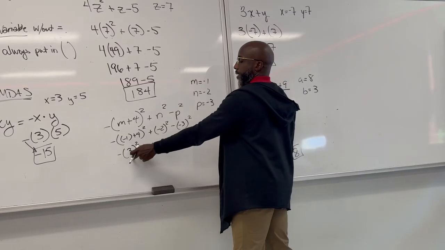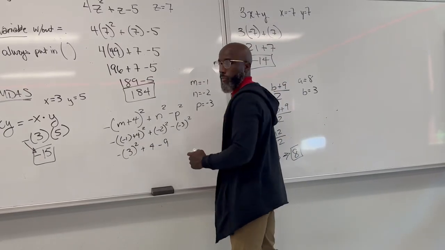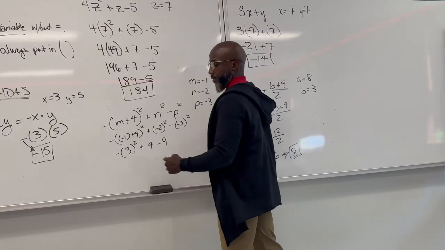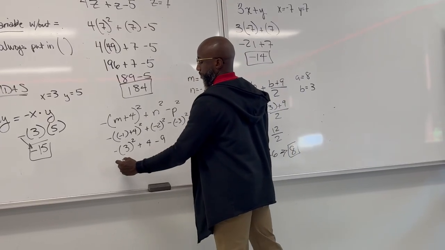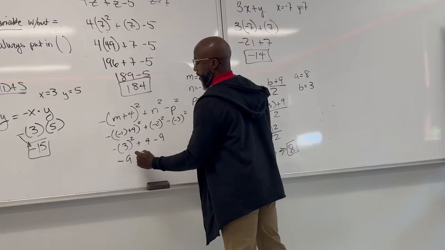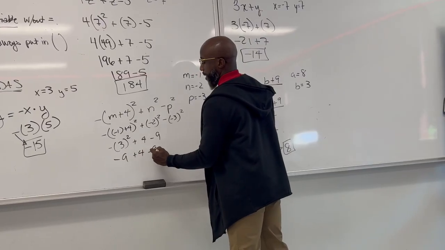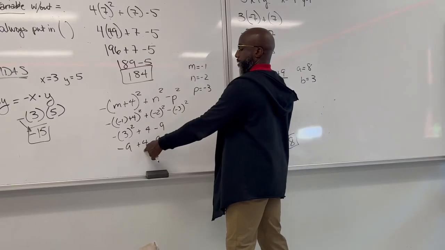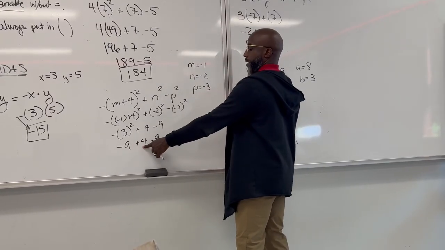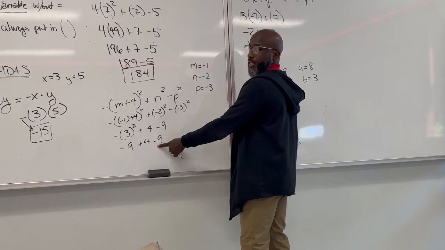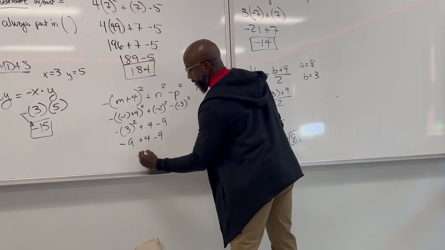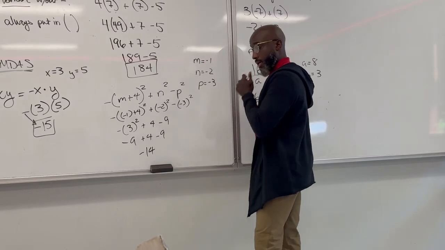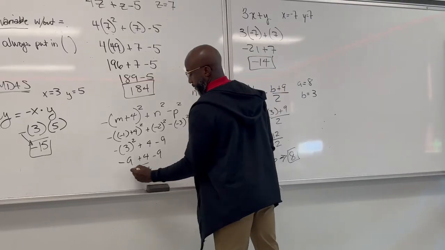Simplify this last part. 3 squared is what again? 3 to the second power is what? 9. So we have negative 9 plus 4 minus 9. Then we simplify. So that's negative 9 plus 4, negative 5, plus negative 9, which is negative 14. Okay?